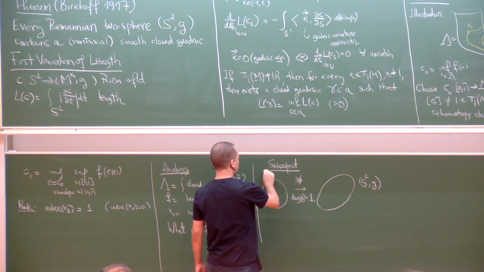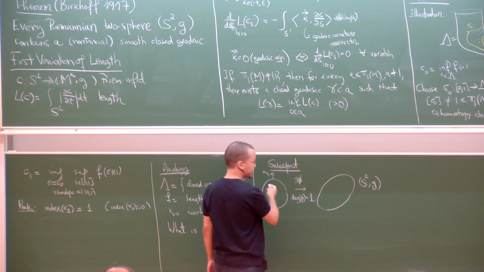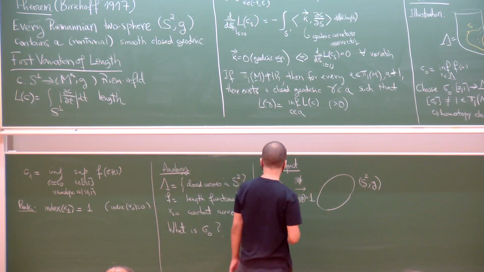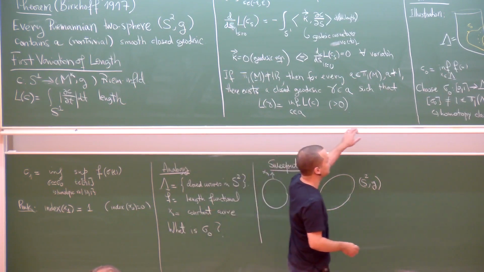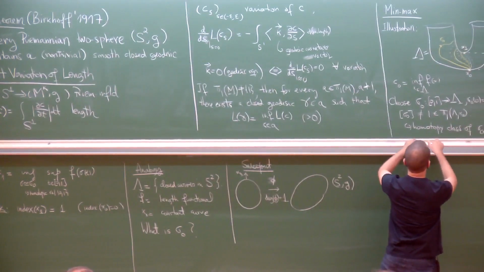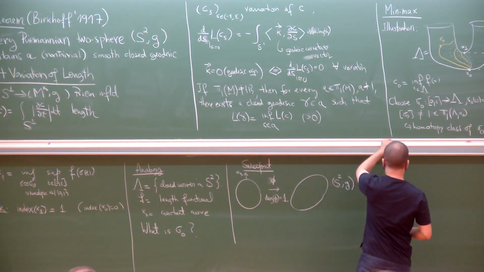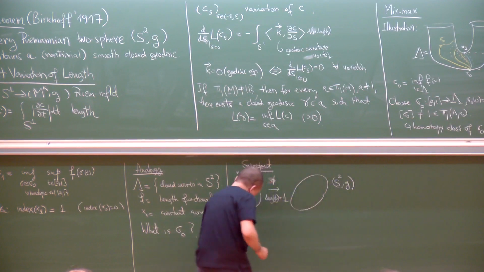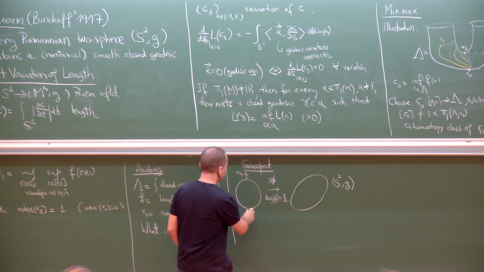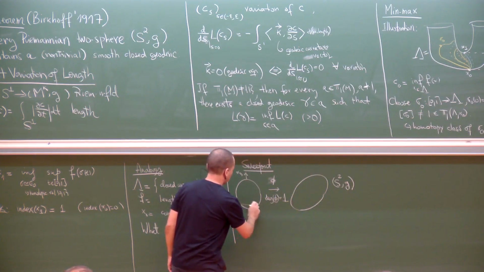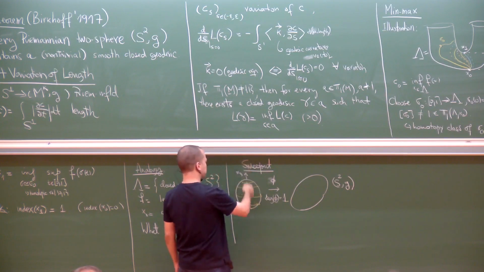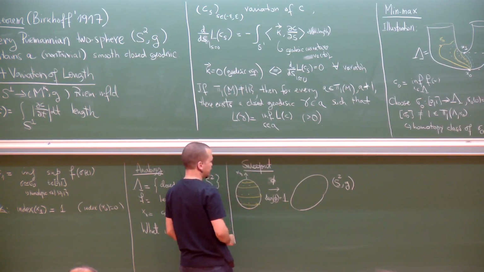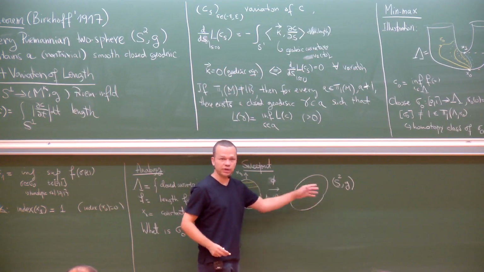Say this is the x3 direction. This is the standard S2. So what one does is the following thing. I take the standard foliation of S2 by round circles perpendicular to the x3 direction, and I look at the image of these curves under my map phi.